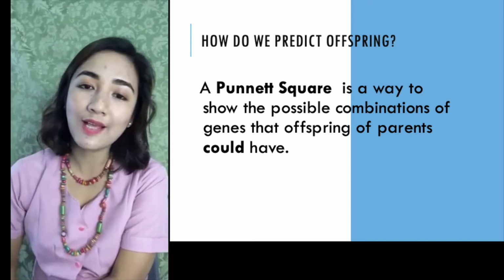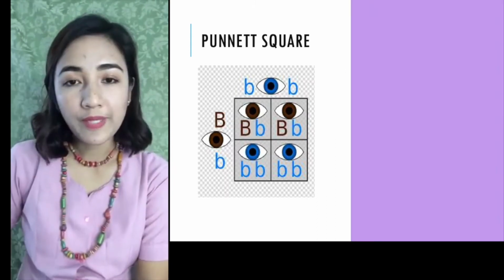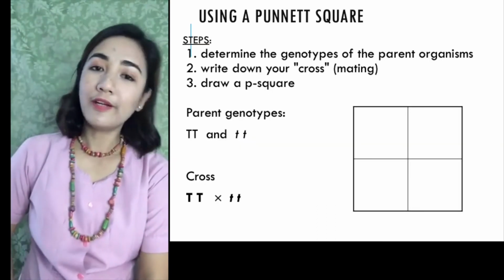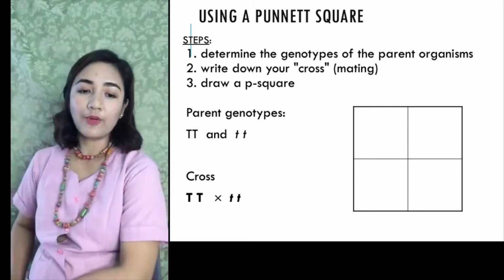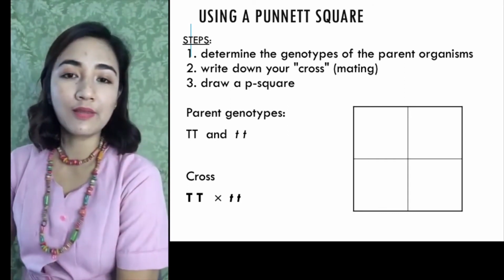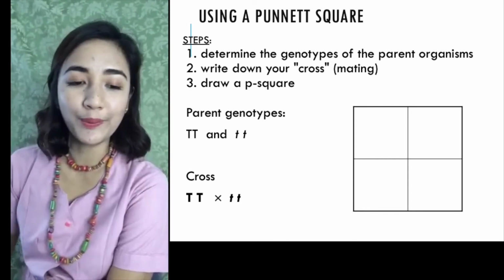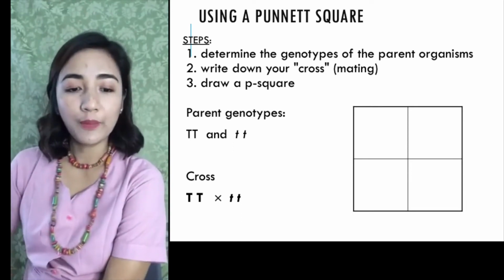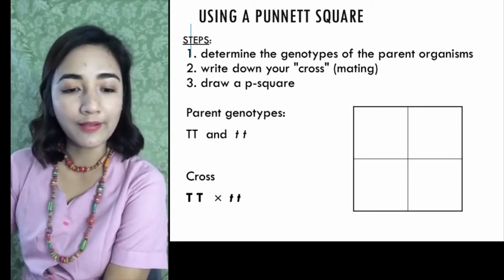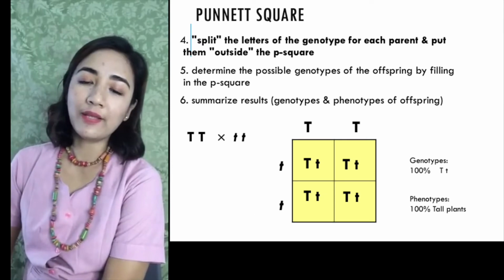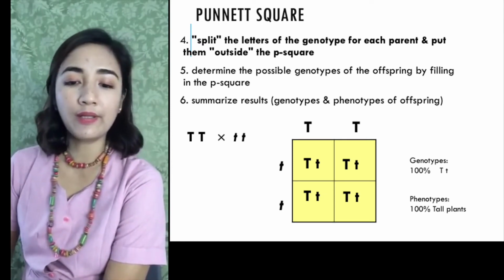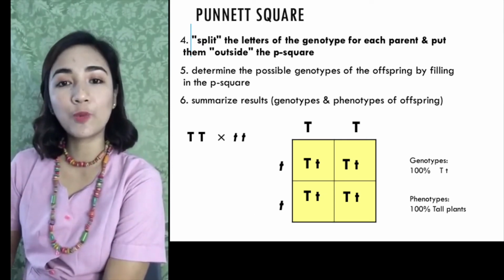So here is an example of a Punnett Square. How do we make use of the Punnett Square? Here are the steps. Number 1, determine the genotypes of the parent organisms. Number 2, write down your cross. Number 3, draw a Punnett Square. Number 4, split the letters of the genotypes for each parent and put them outside the Punnett Square.